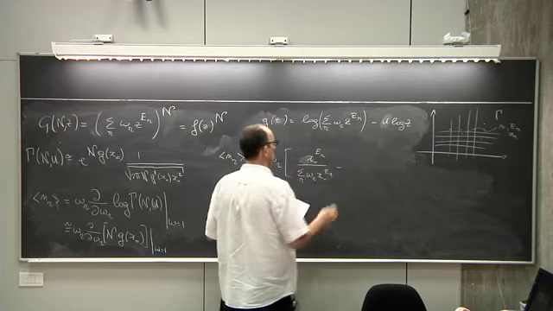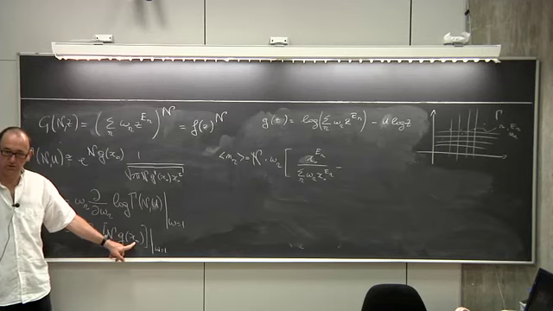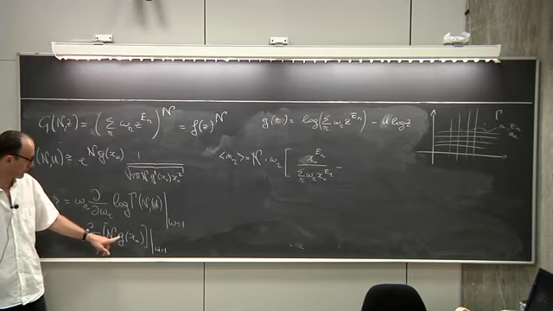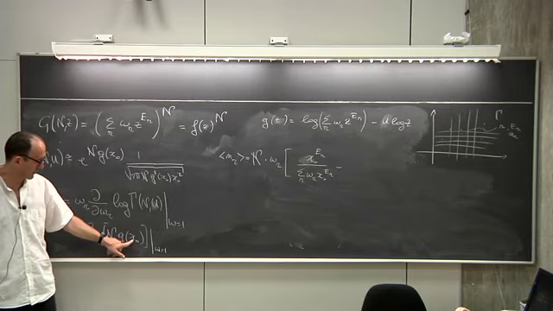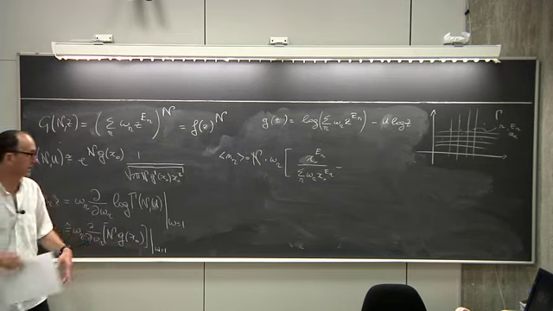Okay. Now the other thing is that x naught also depends on the omegas. So I should take the derivative of G with respect to x naught, and the derivative of x naught with respect to omega r.